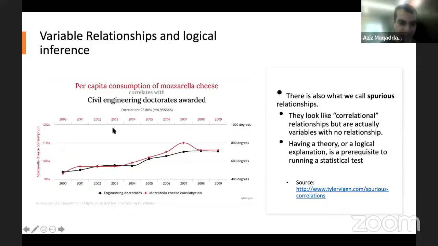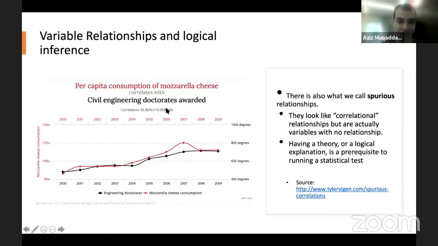So this specific chart shows the number of doctorate degrees granted in engineering. That's the black line, and the red line is mozzarella cheese consumption, and you can see it's almost a perfect match, except for two years where you get some sort of divergence.